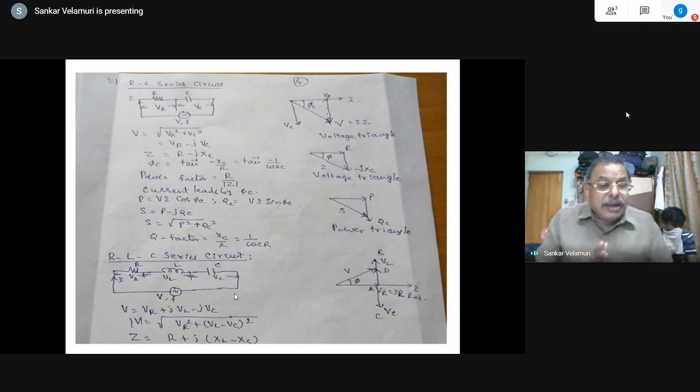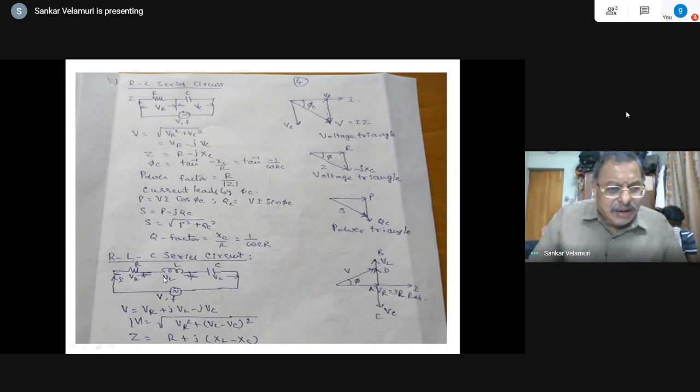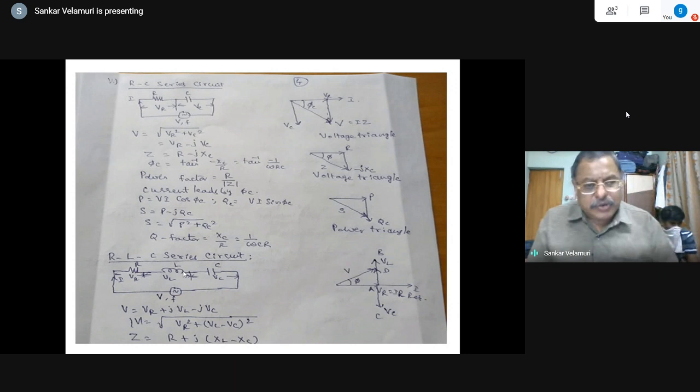Therefore, there are only three components in electrical circuits: R, L and C. Resistive, inductive and capacitive. Always we deal with the basic circuit parameters R, L, C. So purely resistive, predominantly inductive, predominantly capacitive circuits.